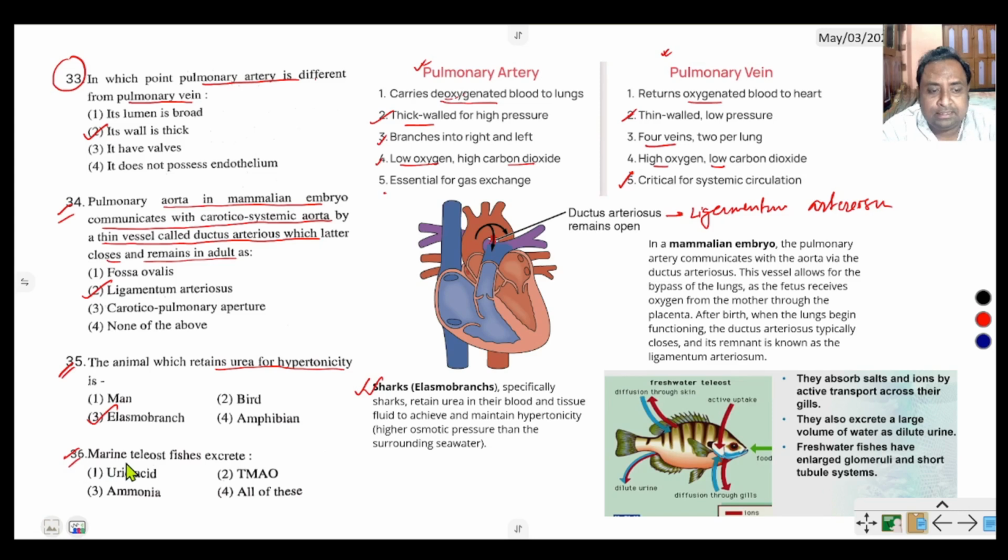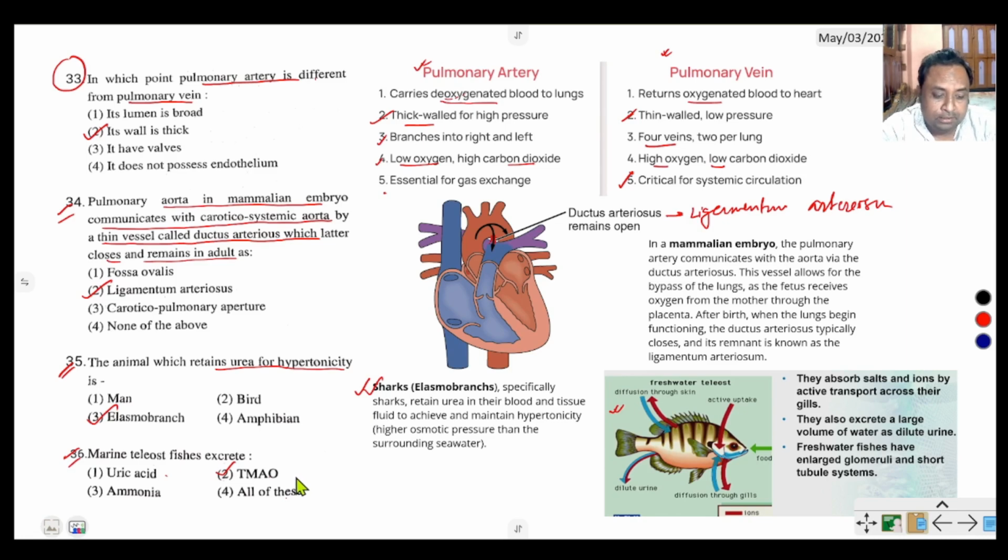Question number 36 says, marine teleost fishes excrete uric acid, ammonia, TMAO, all of these. So marine teleost, these are marine, and there is freshwater teleost, and another species of this teleost is marine teleost. They secrete TMAO. TMAO is an osmolyte.